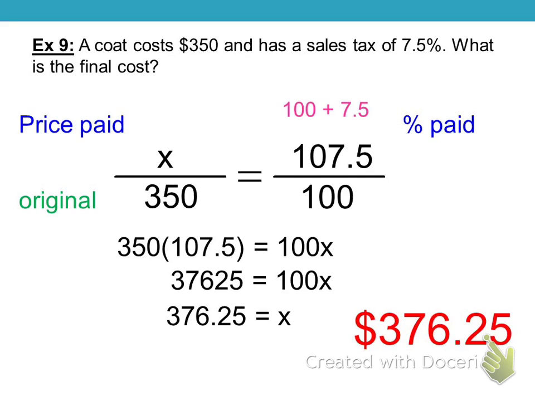A lot of you on the quiz had your decimals in the wrong spot. So let's say you got 37. Would it be realistic that a $350 coat would cost you $37 after tax? No. Or you'd say $3,762. That would obviously not be realistic either.